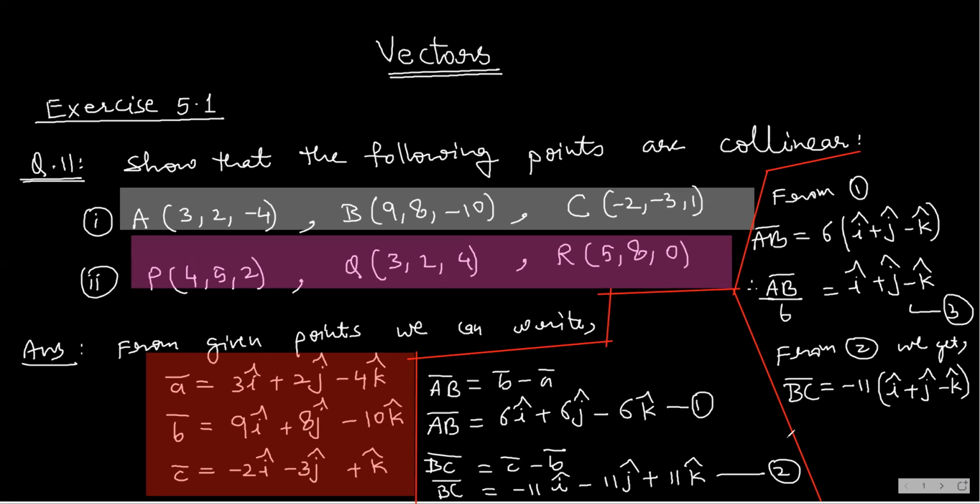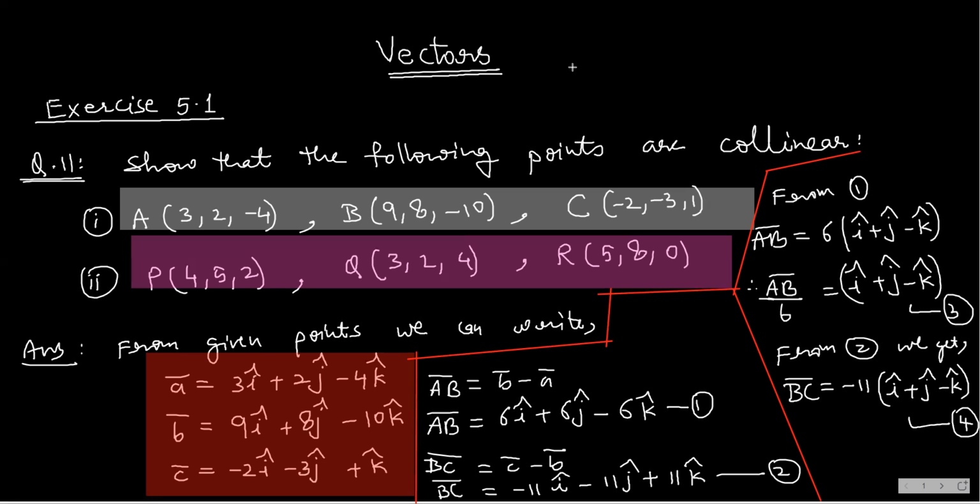Let me write this as 4. Now I will use 3 in 4. Here I have got the value of I cap plus j cap minus k cap.